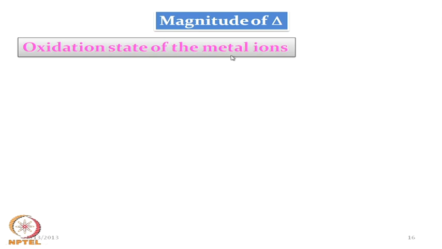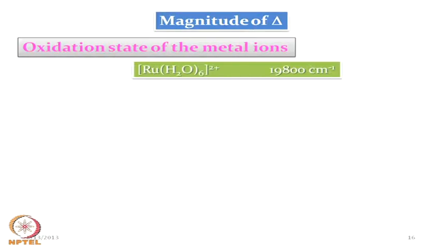If the oxidation state changes, we can have different values, such as ruthenium in +2 oxidation state, where 6 water molecules surround this particular ruthenium in octahedral geometry, and in inverse centimeter scale it will be 19,800.